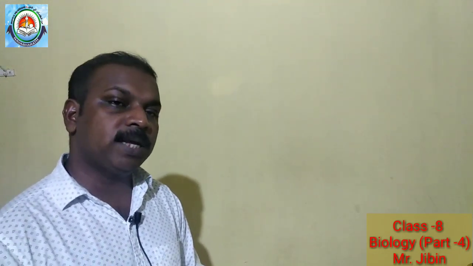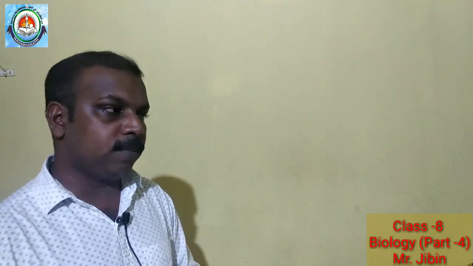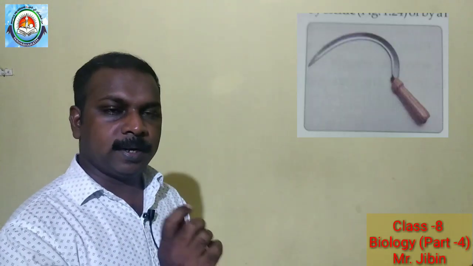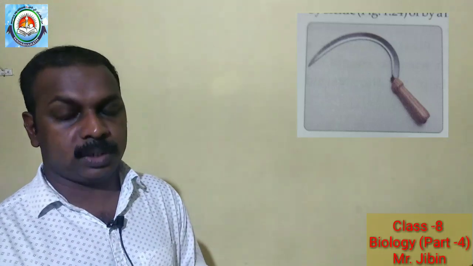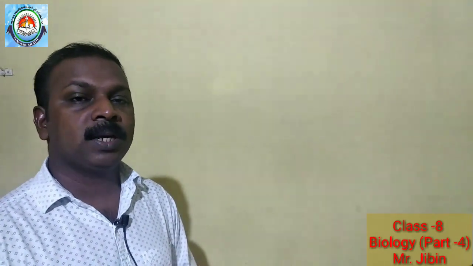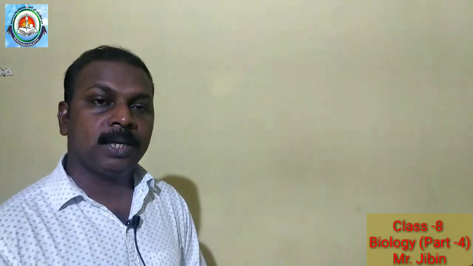Normally the farmers may use a sickle. Sickle means like a knife, you know, that curved knife. Such a curved sickle is used. So this sickle or machines are also used in modern agriculture. Machines are also used for harvesting these crops from the field.